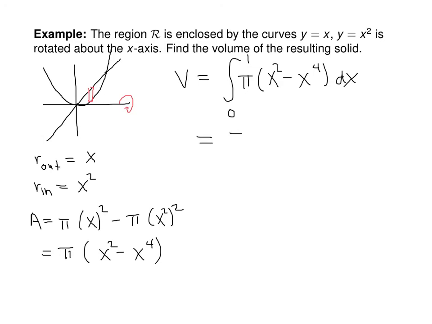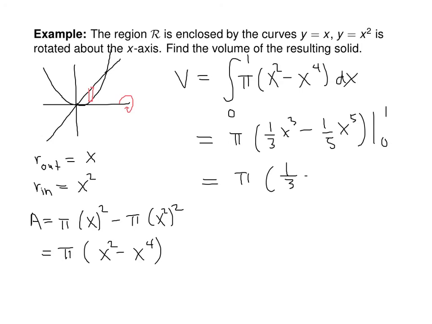So that will be pi times 1/3 x cubed minus 1/5 x to the 5th from 0 to 1, giving us pi times 1/3 minus 1/5. And that simplifies down to 2 pi over 15.